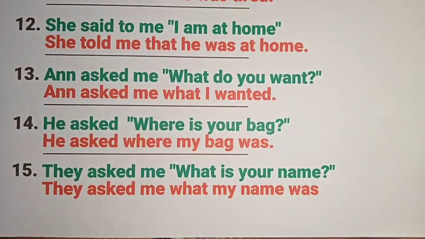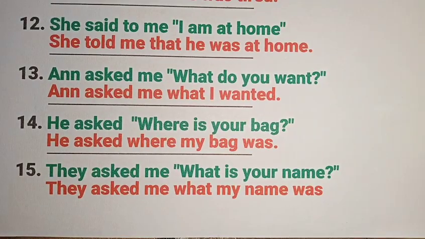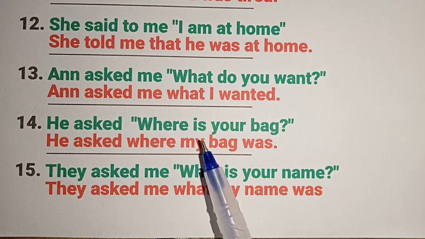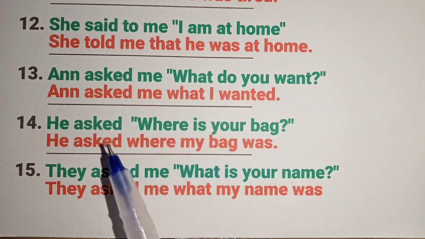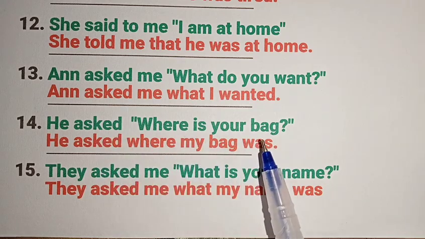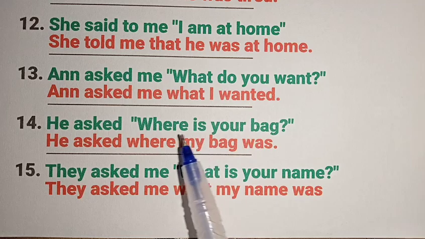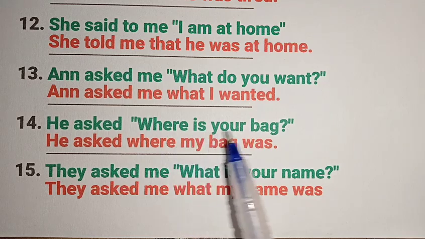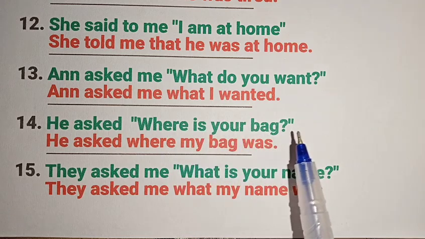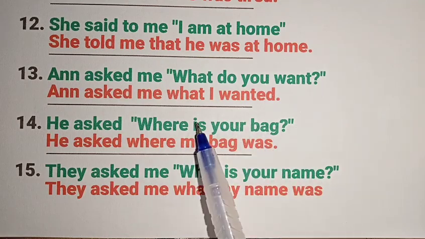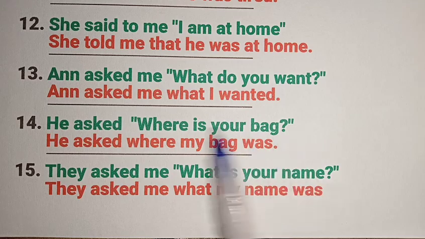Please wait. He asked, where is your bag? So, this is a question. We change the question into a statement form. Then, where your bag is. We use the be verb after the subject bag.